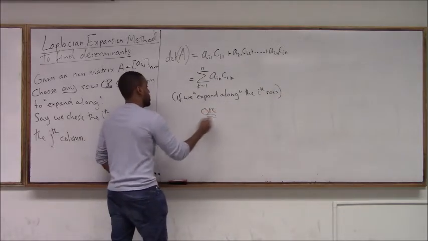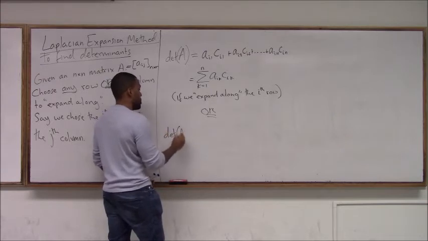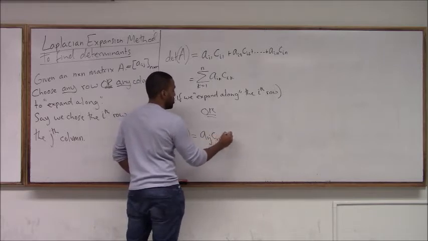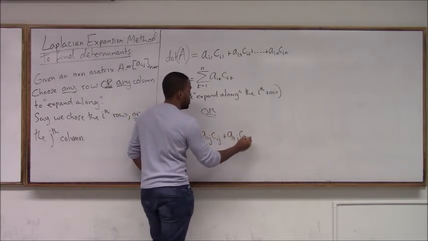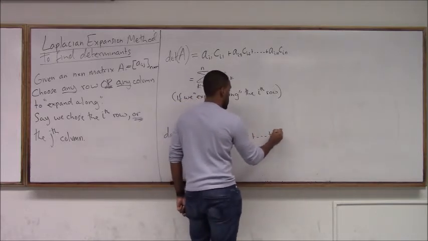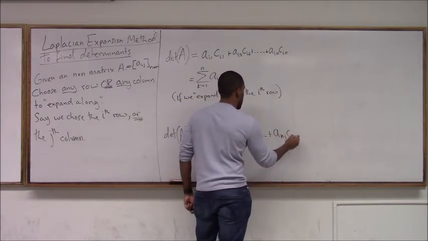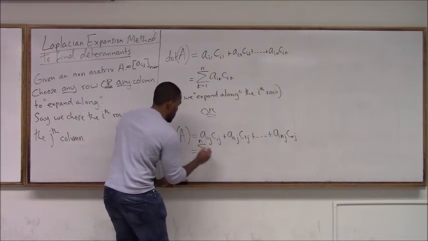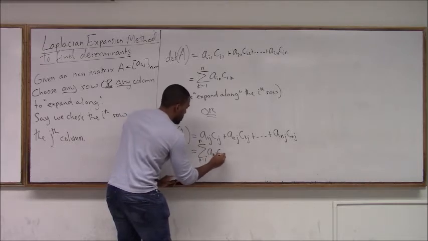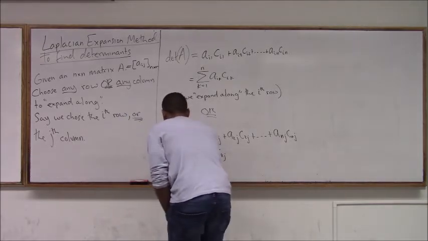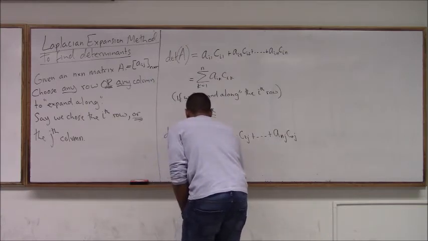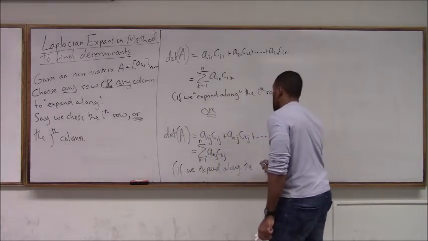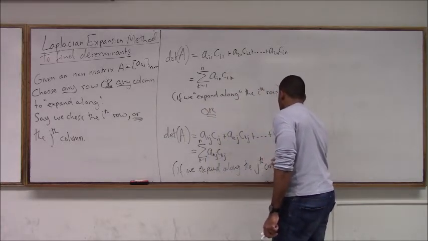Or we can also think of the determinant as a_1j C_1j plus a_2j C_2j, all the way down to a_nj C_nj, or the summation from k goes from 1 to n of a_kj C_kj, if we expand along the jth column.